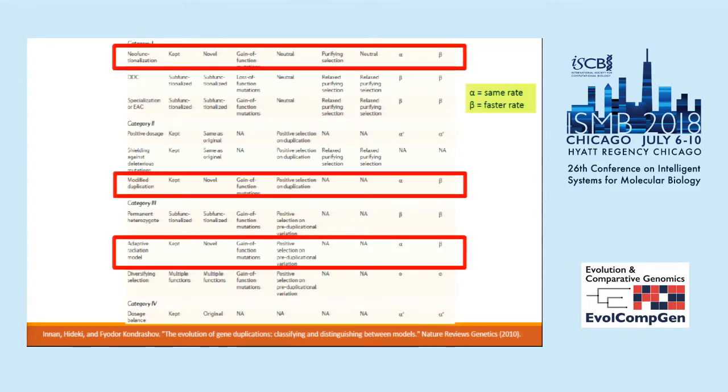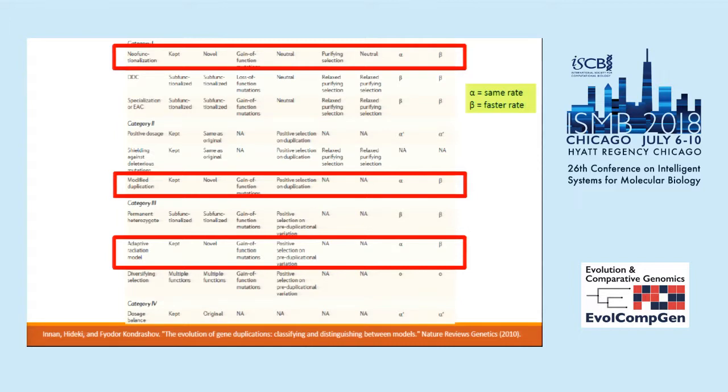This is a table of the duplication models that appear in the literature, from this nice Nature Reviews Genetics paper. And when you see an alpha beta, it means that you have this asymmetric rate of evolution. So it happens in neo-functionalization, the modified duplication, and the adaptive radiation model. You might have something else.